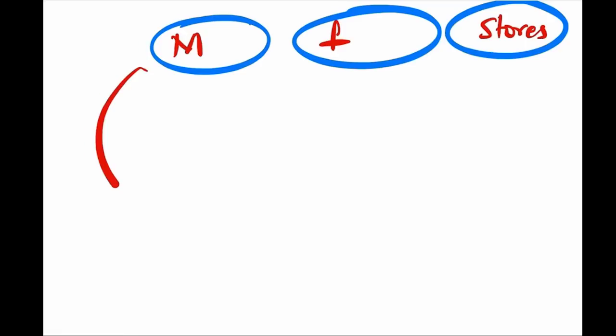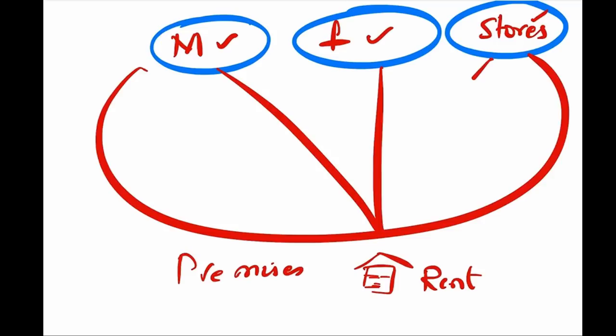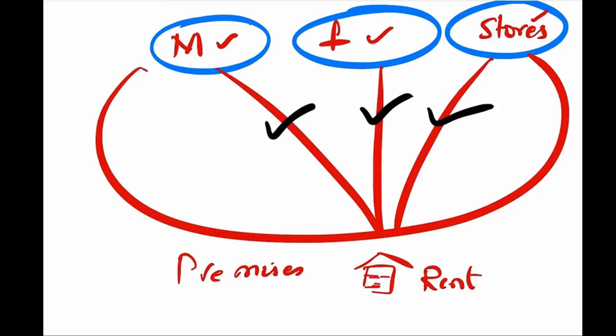Now when they are all in the same premises, let's say I am paying rent for this. Are you paying rent only for machining, finishing or stores, or are you paying for all three put together? The answer is you are paying it for all the three put together. When all the three are put together, you are incurring a common expense. Here we cannot allocate it to one department straight away because they are incurred together.